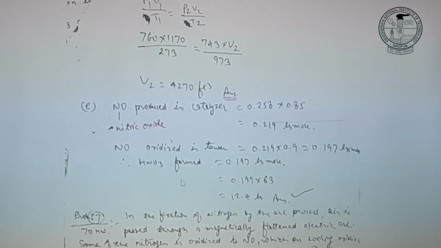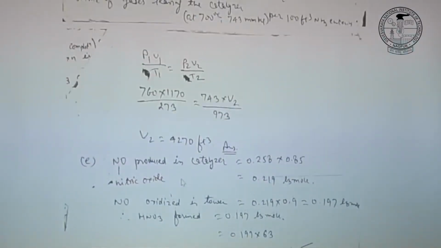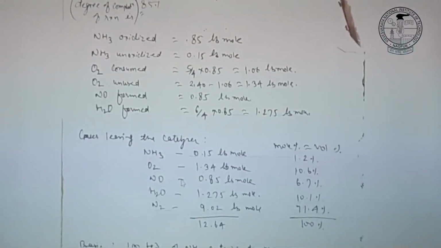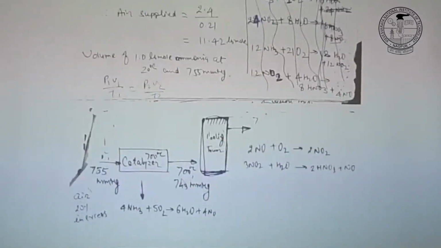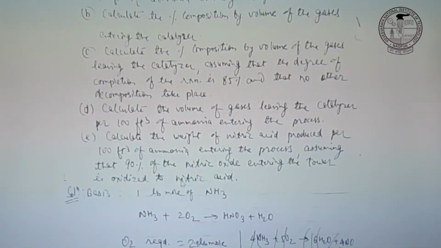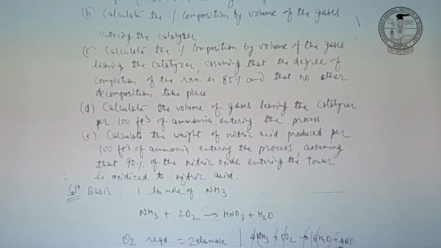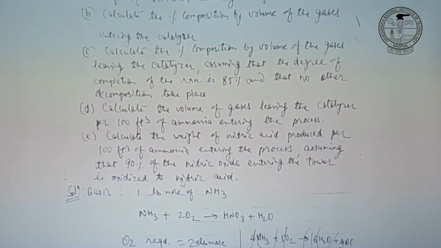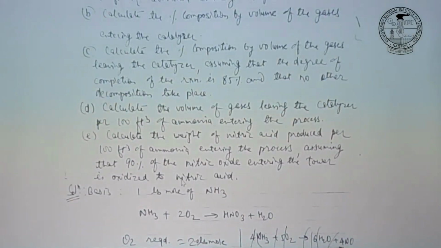And in the last part, what was asked: calculate the weight of nitric acid produced. How much nitric acid is produced per 100 cubic feet of ammonia entering, meaning 0.258 lb mole of ammonia entering.